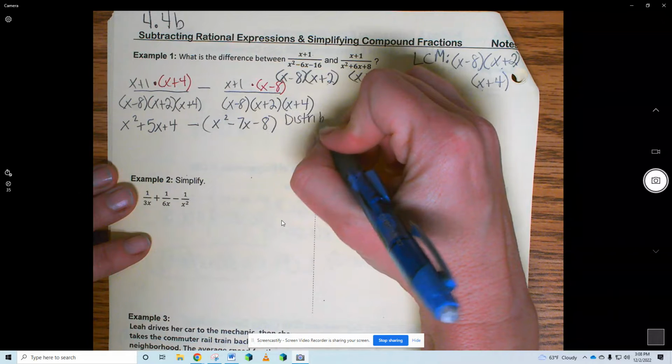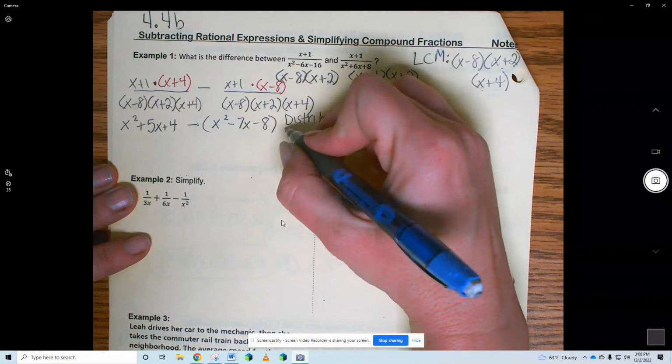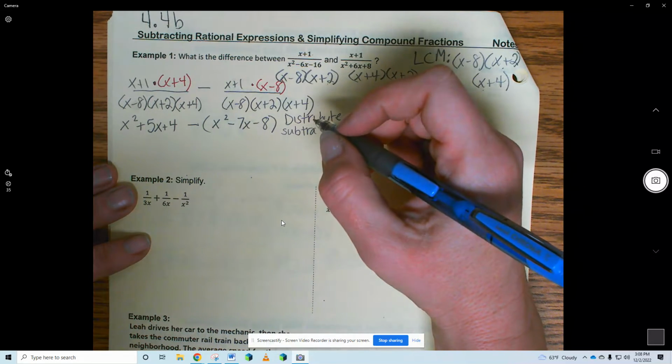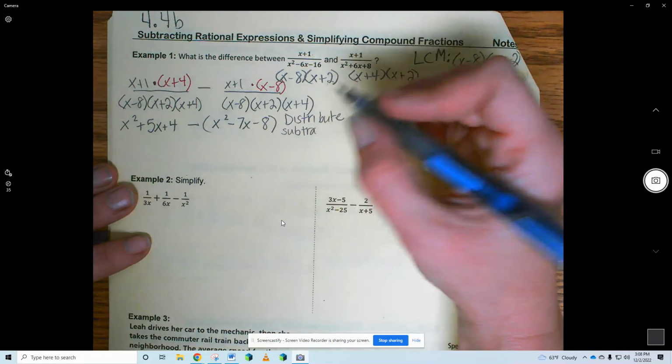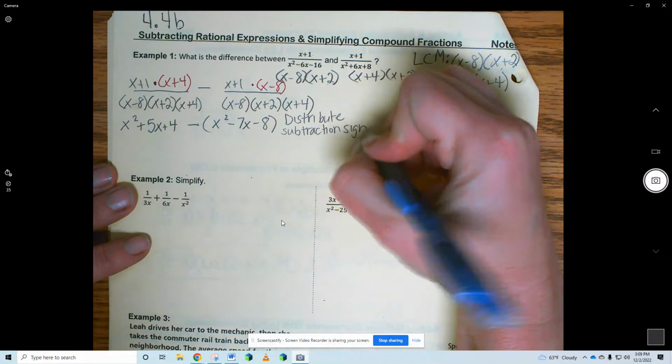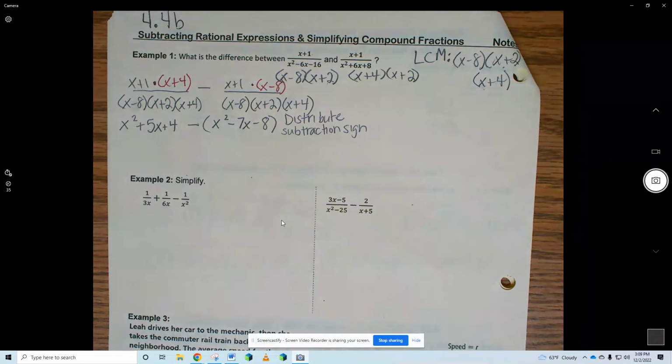Okay. I need to put the second trinomial in parentheses because I need to distribute the subtraction sign. Right. This negative means subtract x squared, subtract negative 7, subtract negative 8.